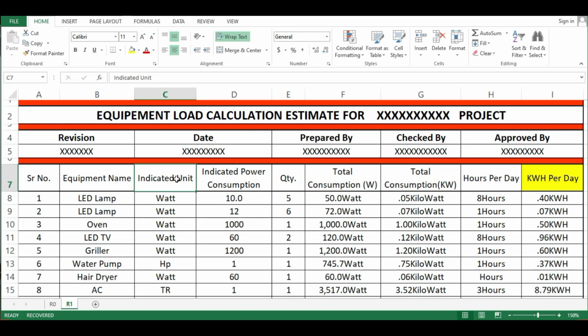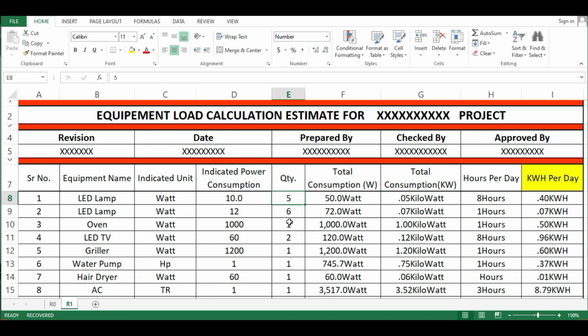Suppose you are using an LED bulb. On the LED bulb, there is written some consumption like 8 watt or 9 watt or 10 watt. That is the indicated unit. Next is power consumption. If it's written 8 watt on the LED bulb, 8 is the power consumption and watt is the unit of that power.